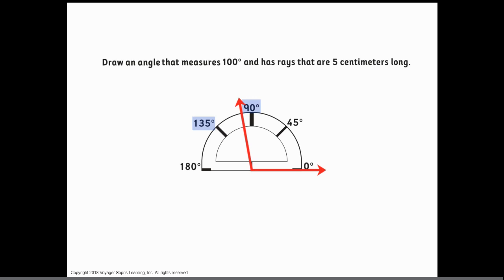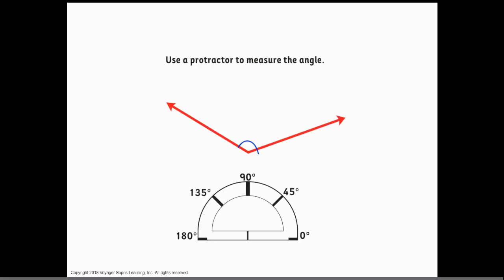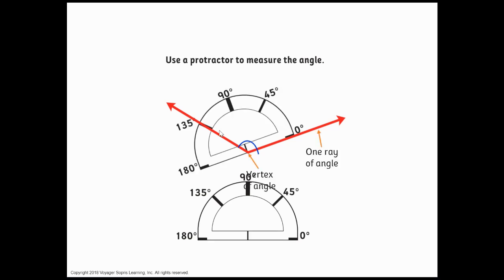Finally, let's use the protractor to measure an angle. First, we'll lay the protractor on the angle so that the vertex lines up with the bottom center mark on the protractor. The bottom of the protractor needs to line up with one of the rays, like this. Now we'll read the measurement on the protractor that the other ray passes through.